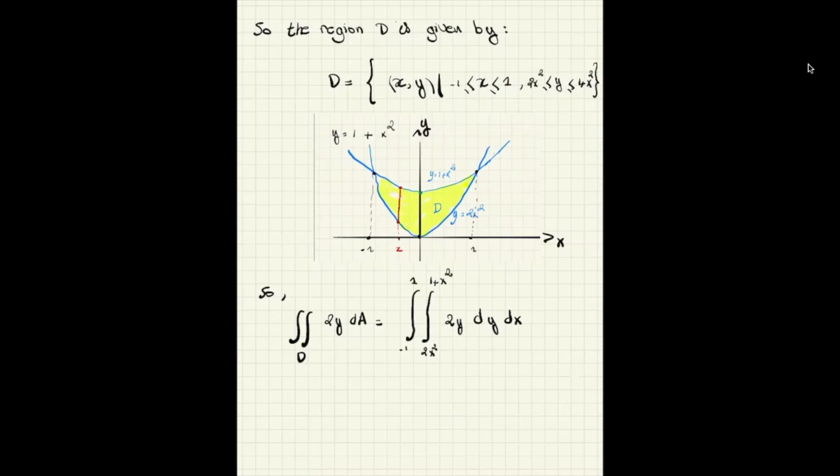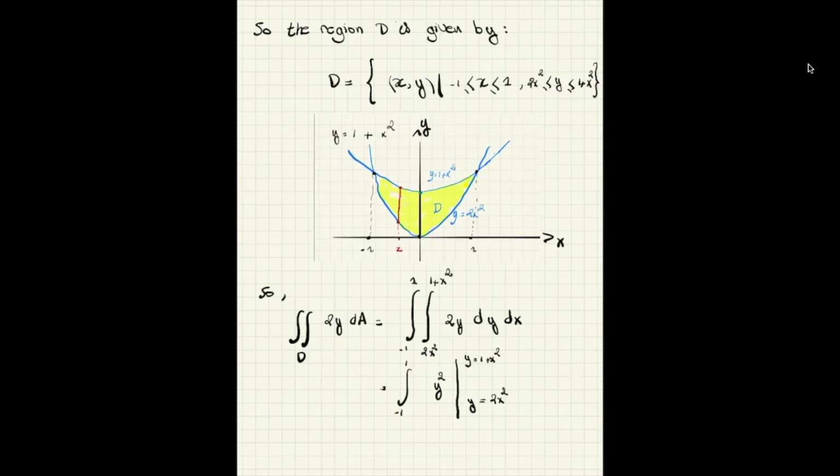And now once you've done this, everything is, just be careful and do the calculation. Now integrate from -1 to 1. This is an elementary function. Here, you need to be careful again. Y is between 1 plus x squared and y is equal to 2x squared.